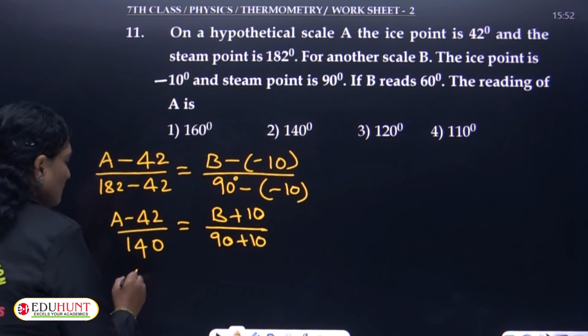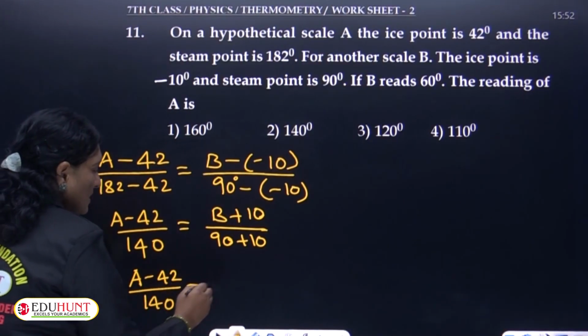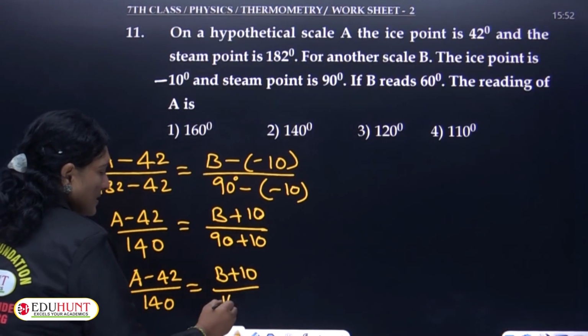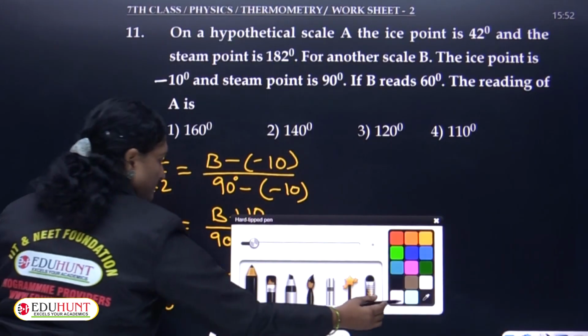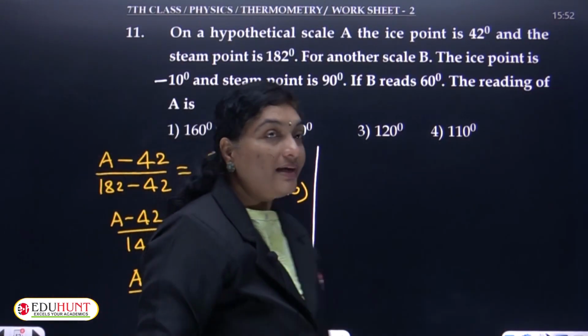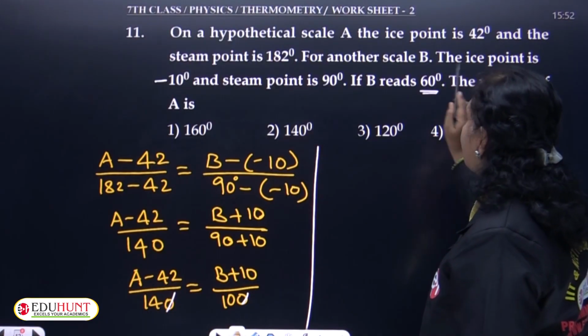So solving this further, we have (A minus 42) upon 140 is equal to (B plus 10) upon 90 plus 10, which is taken as 100. Okay, so 0 and 0 get cancelled, children. But we know that the value of B reads as 60 degrees.